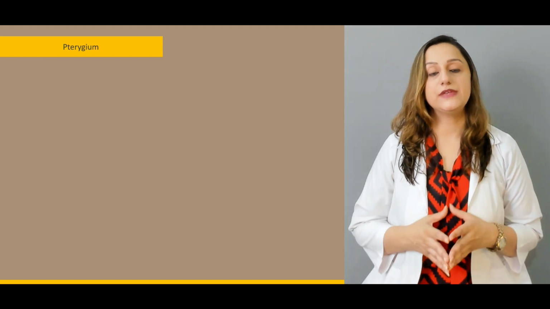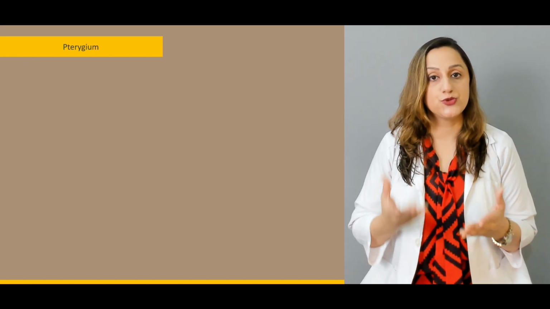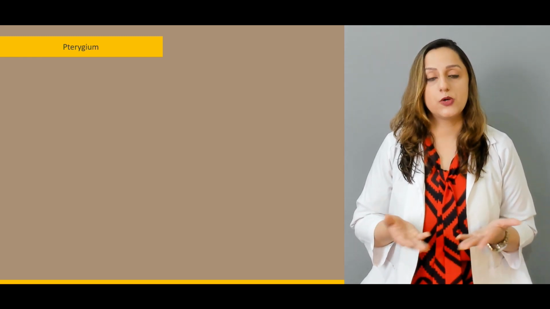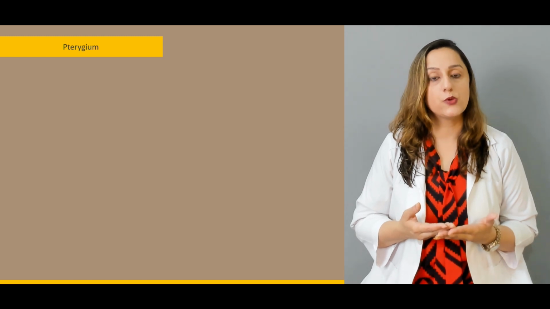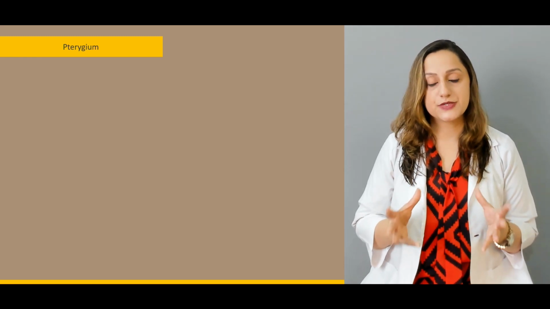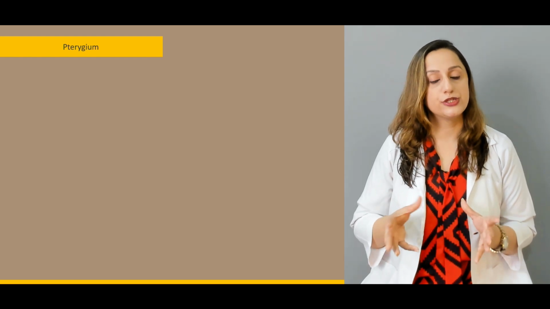Moving on, we have these cases of pterygium. Now, what is pterygium? It's basically the triangular fold that is usually present. It's one of the very commonest conditions, which are basically grouped in the degenerative conditions of the eye. The apex of this triangular fold is usually towards the cornea or towards the limbus.